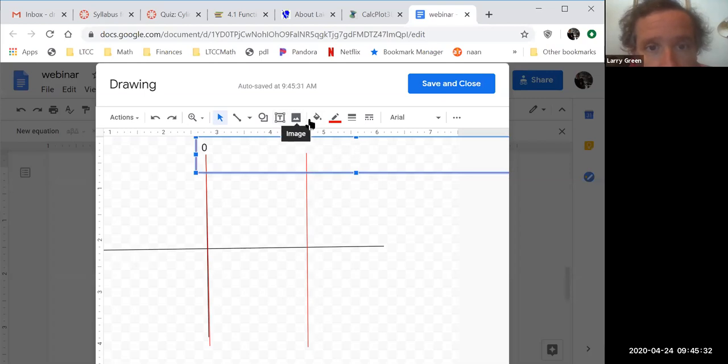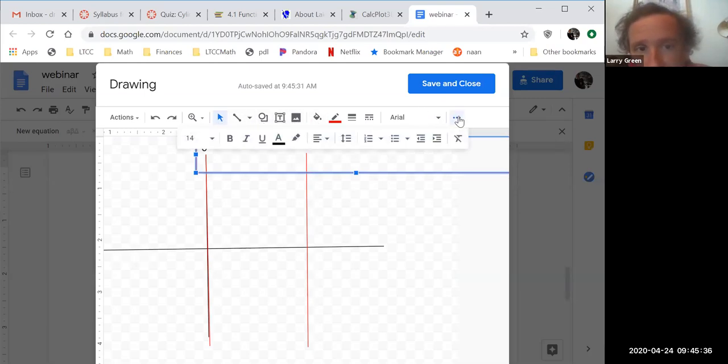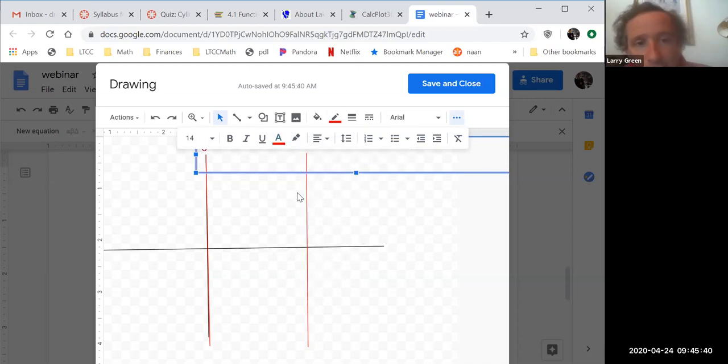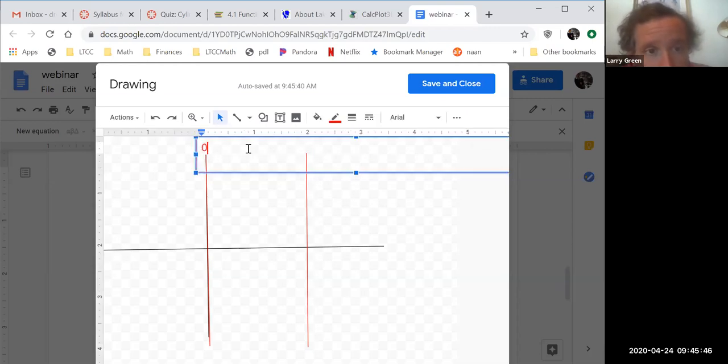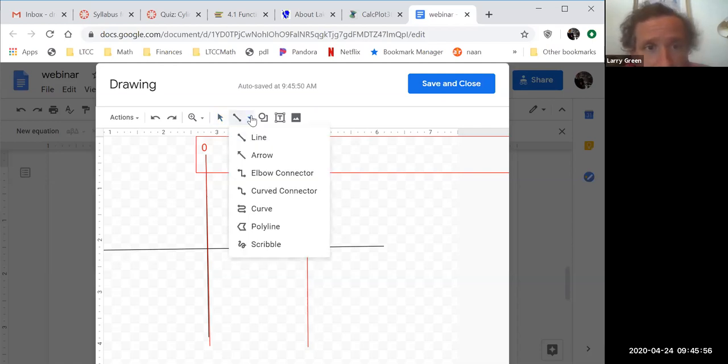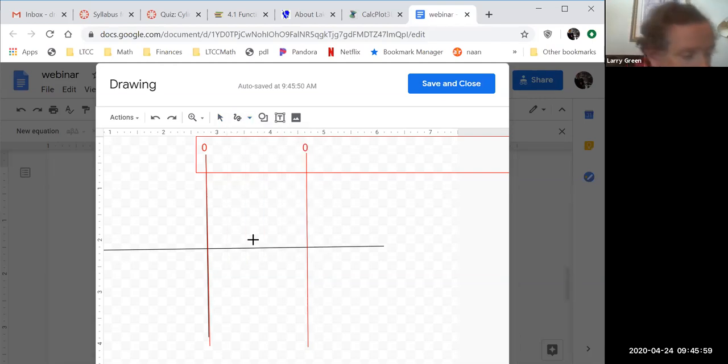Wait a minute, that was line color. I think I need to go to, there we go. That's better. And that was a 0 also. Okay, so then what I want to do is draw some of the others.